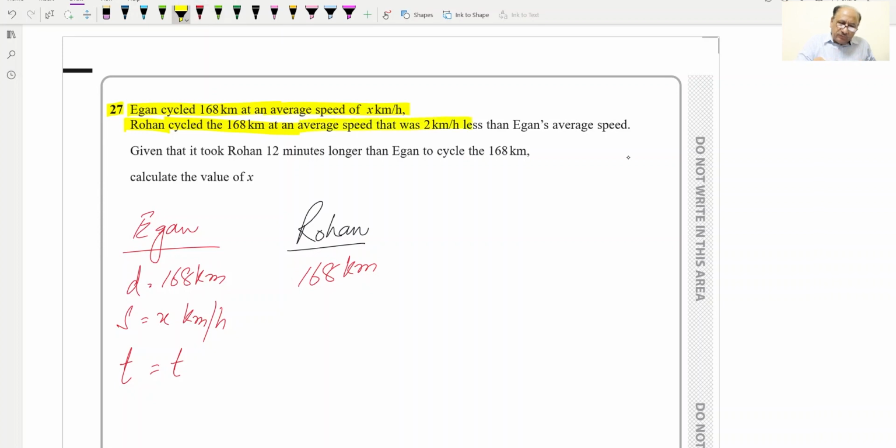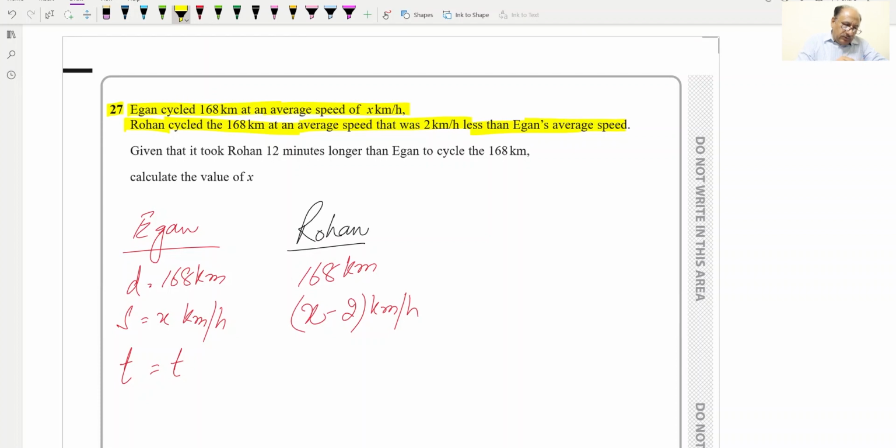An average speed of 2 kilometers per hour less than the average speed of Egan. So 2 kilometers less. If x is for this one, it will be x minus 2. So we can take x minus 2 kilometers per hour. This will be the speed.